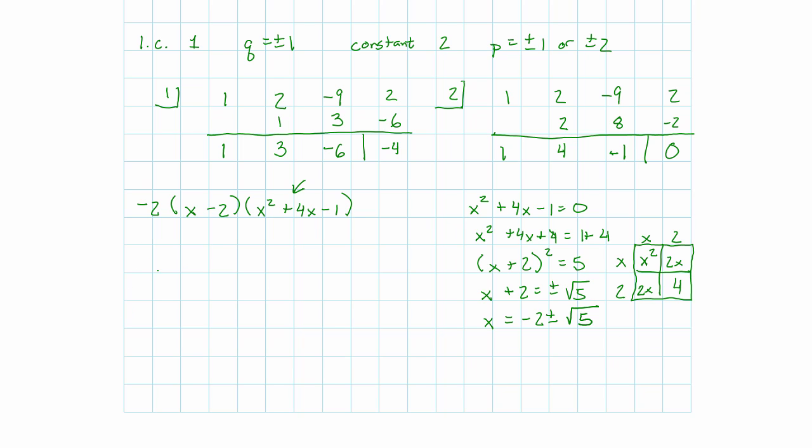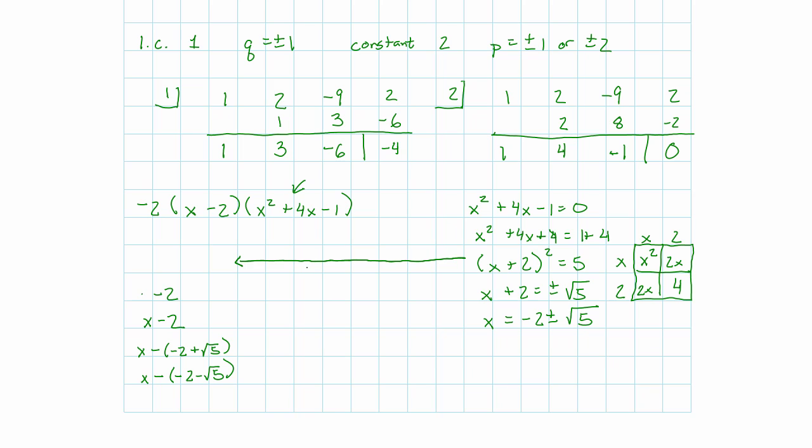So my factors: I have a -2, I have an x minus 2, I have an x minus negative 2 plus root 5, and x minus negative 2 minus root 5. What does that look like on a number line?